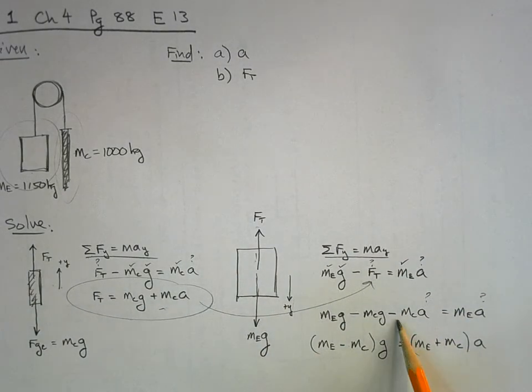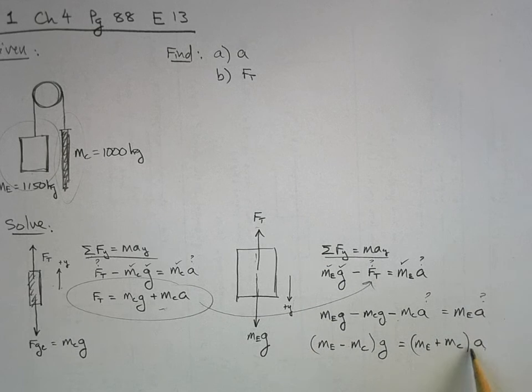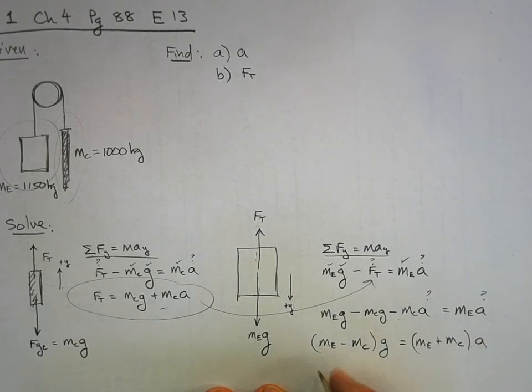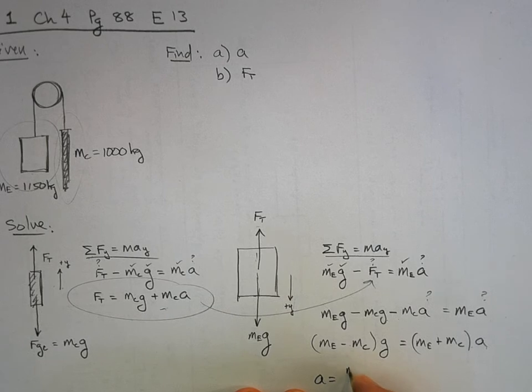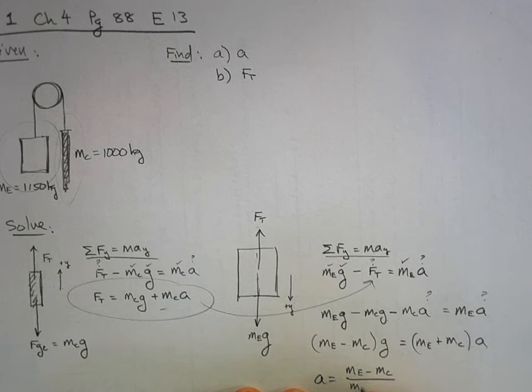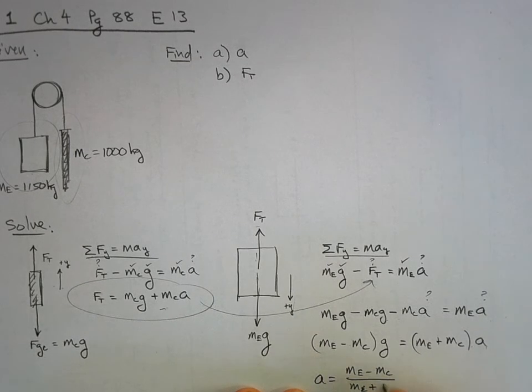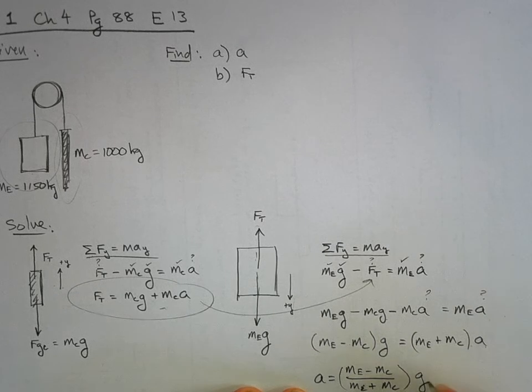I put this on the other side. I factored out the G. I factored out the A. So A is equal to ME minus MC over ME plus MC times G.